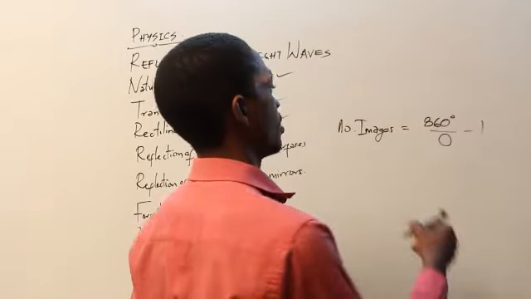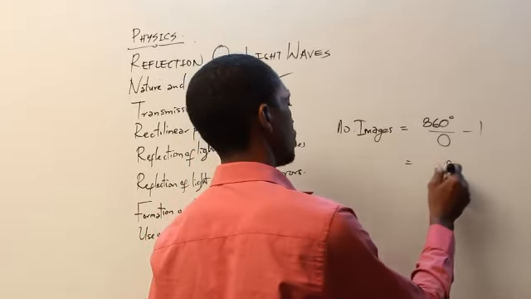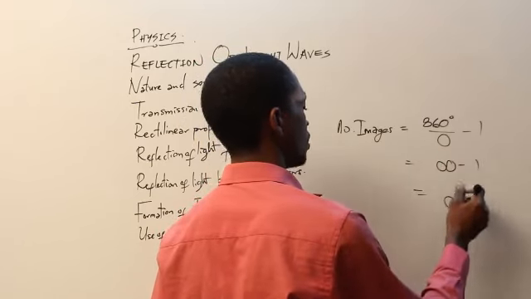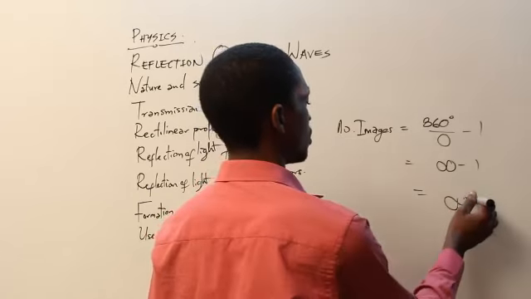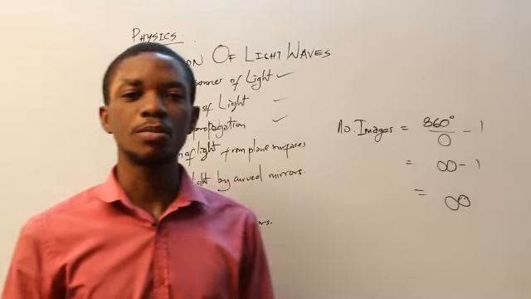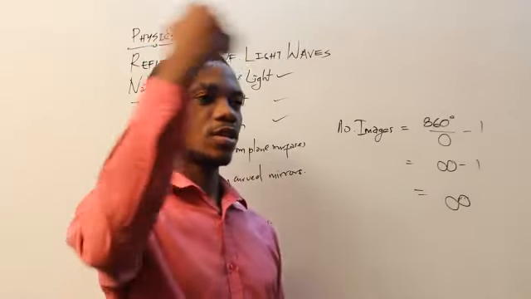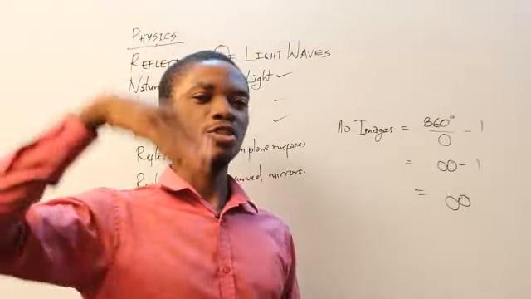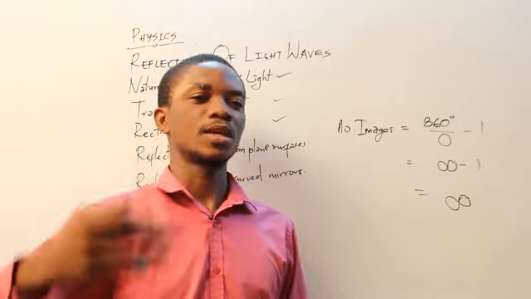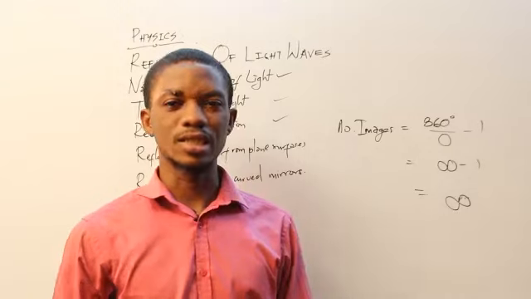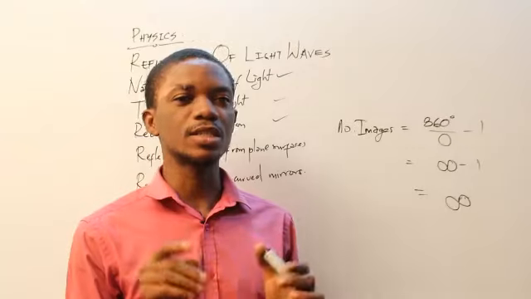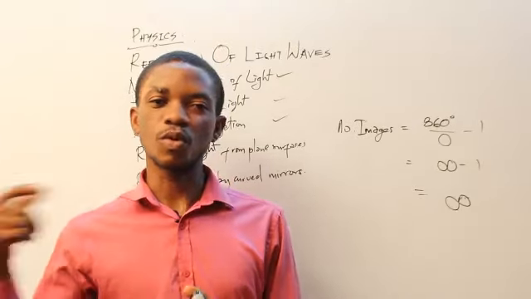Now anything divided by 0 equals infinity, minus 1. So you have infinity number of images. And that's why when you look into a mirror in the barbing salon, you see yourself, you see the mirror, you see the image of your image, and the image continues replicating like that. You keep seeing that inside the same mirror until there is almost no space for you to look and see inside the mirror or in one of the mirrors.